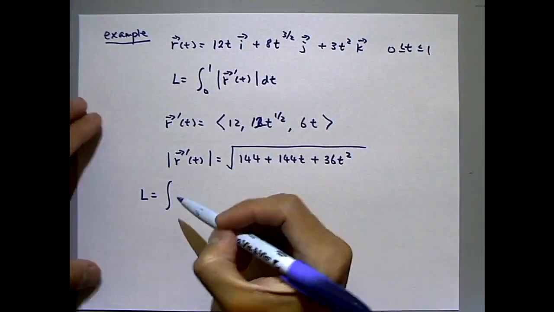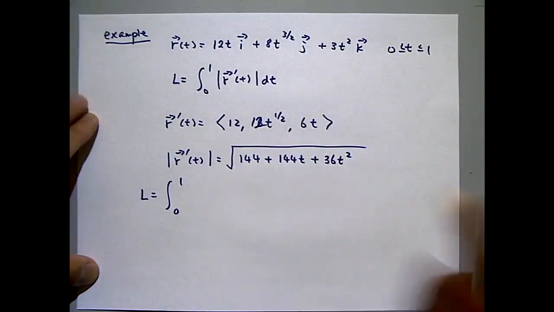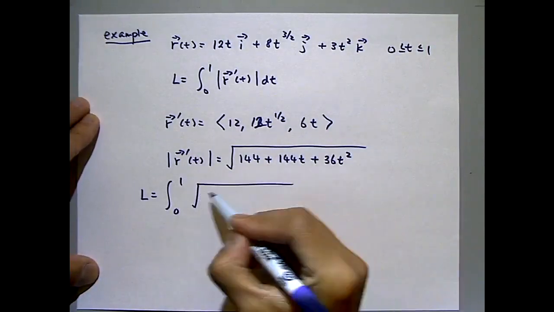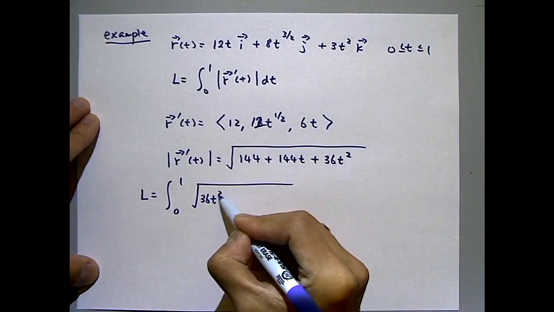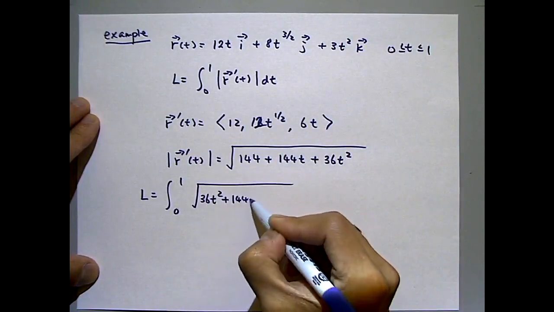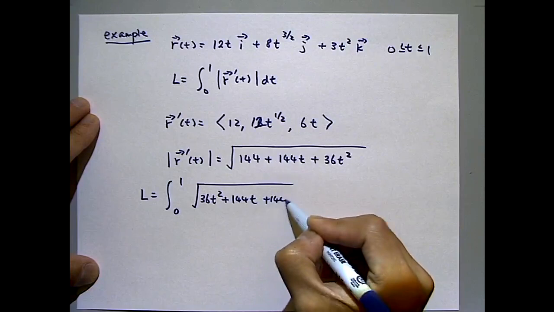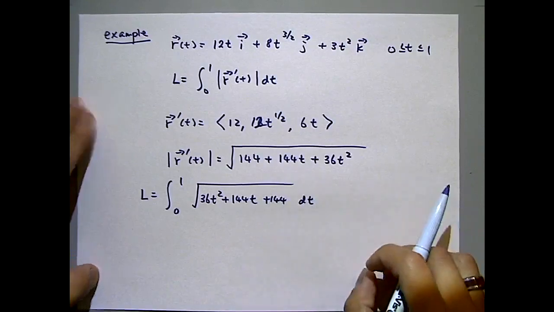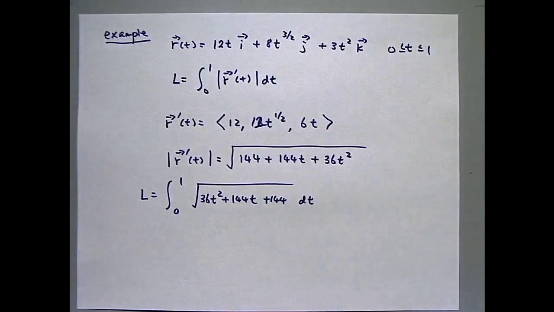All right, so integrating this, it's 0 to 1, this thing right here, dt. So how do we integrate this?